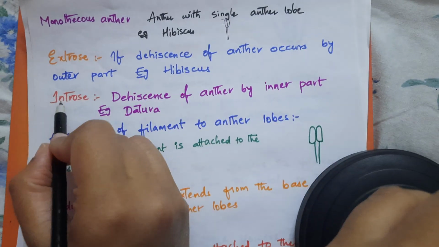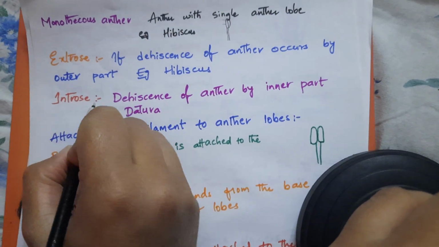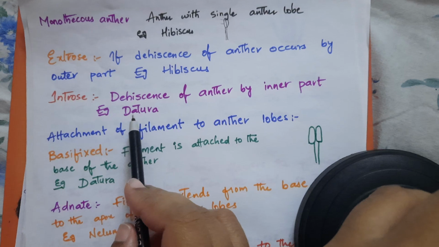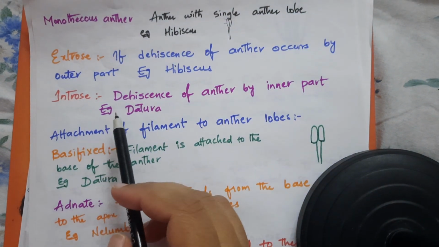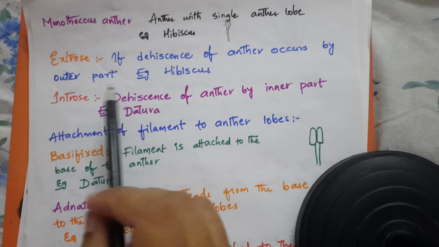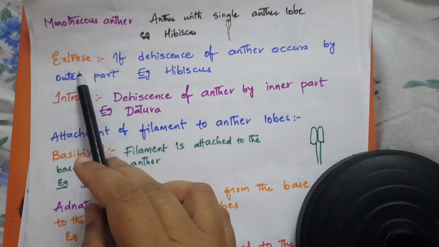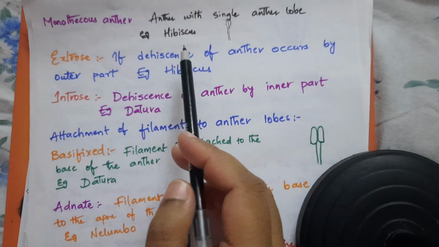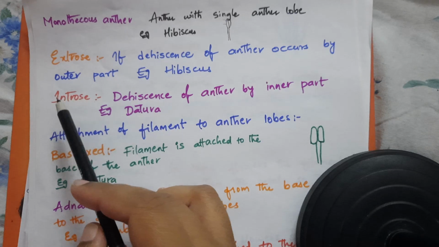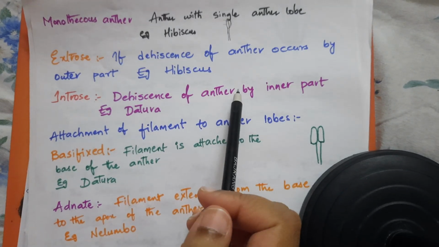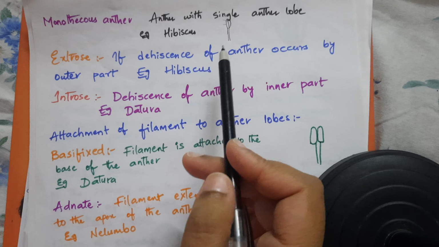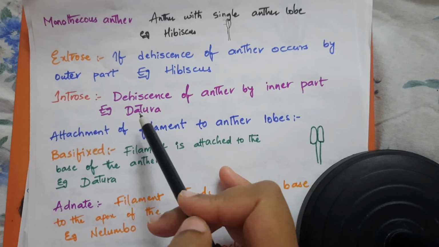This type of anthers is known as introrse anthers. An example for this is datura. These are the two types of anthers based on the dehiscence. Extrorse, the dehiscence occurs by the outer part. Introrse, the dehiscence takes place by the inner part. Examples are hibiscus and datura.